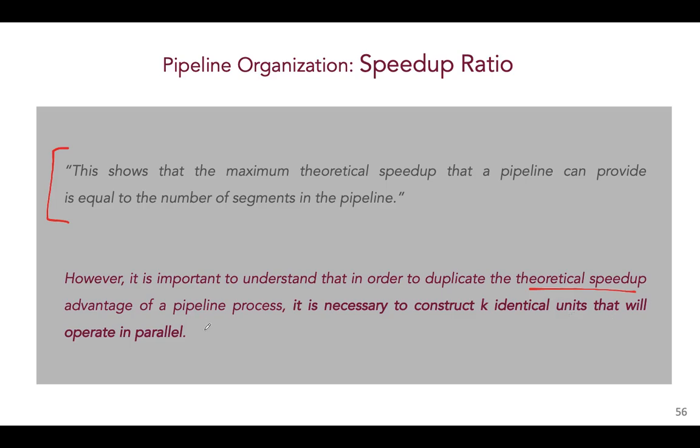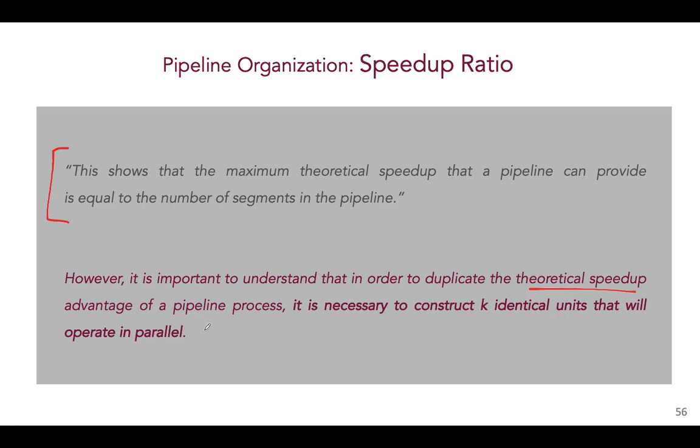So if you want S is equal to k, then all your segments in the pipeline have to be exactly identical. Their processing times have to be identical. Their delays have to be identical. Their error rates have to be identical. Their rates of failure have to be identical. If one is working, each other segment is working exactly like it.